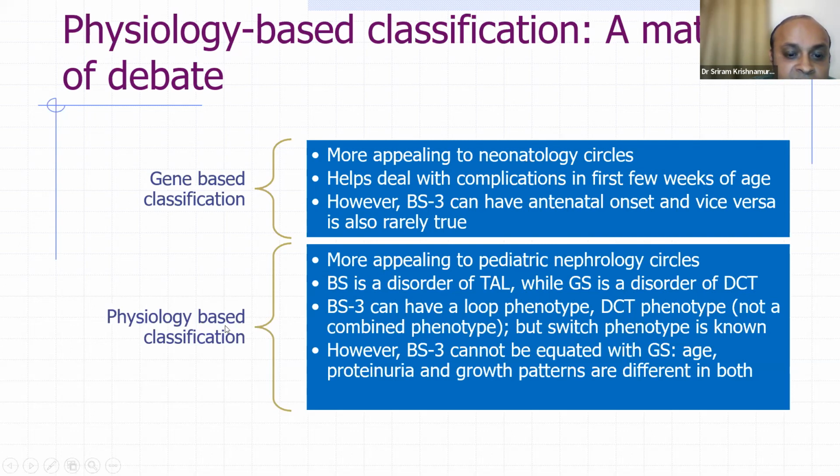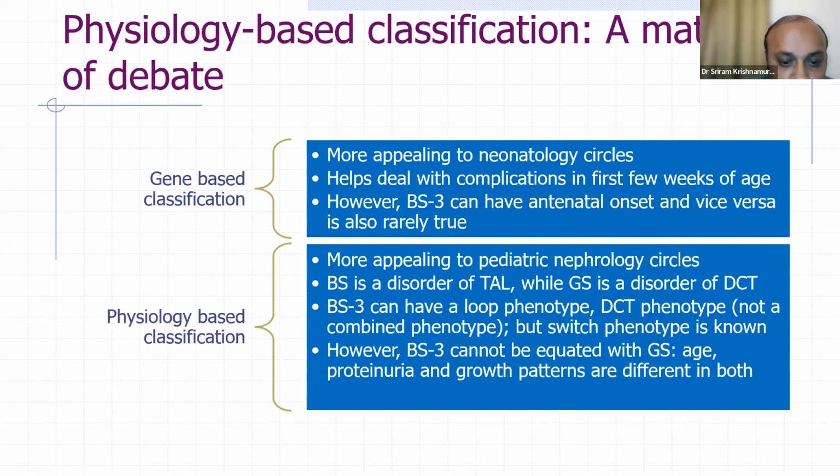The physiology based classification is more appealing to pediatric nephrologists, because Bartter syndrome is a disorder of the TAL, while Gitelman syndrome is a disorder of the DCT. So some people say why you should be clubbing both. This is the disadvantage of this one. Then a BS3 can also have a loop phenotype, whereas a DCT phenotype, which is not a combined phenotype but a switch phenotype, is described in Bartter syndrome type 3, in which initially you may have a loop phenotype and later you may switch over to the DCT phenotype.